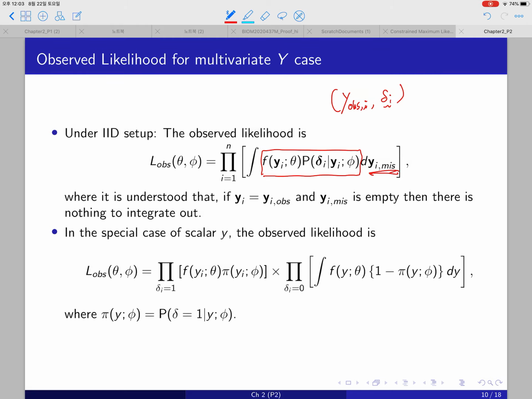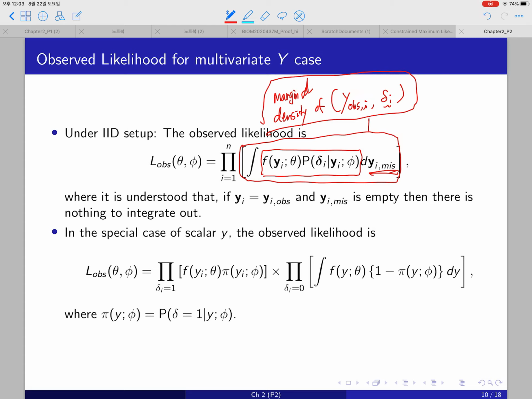This is the marginal density, obtained by integrating out. If there's no missing data in a particular i, then there's nothing to integrate out. And for the scalar case, we already showed that.